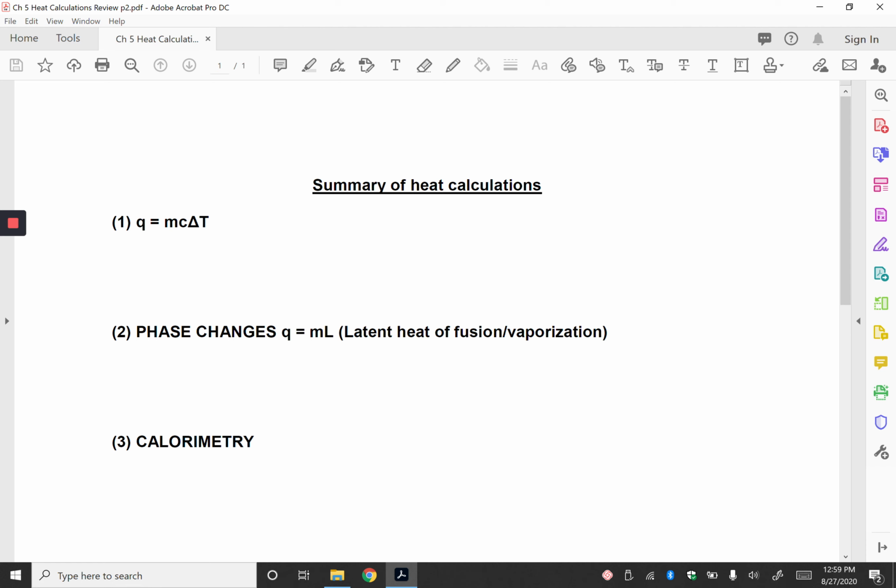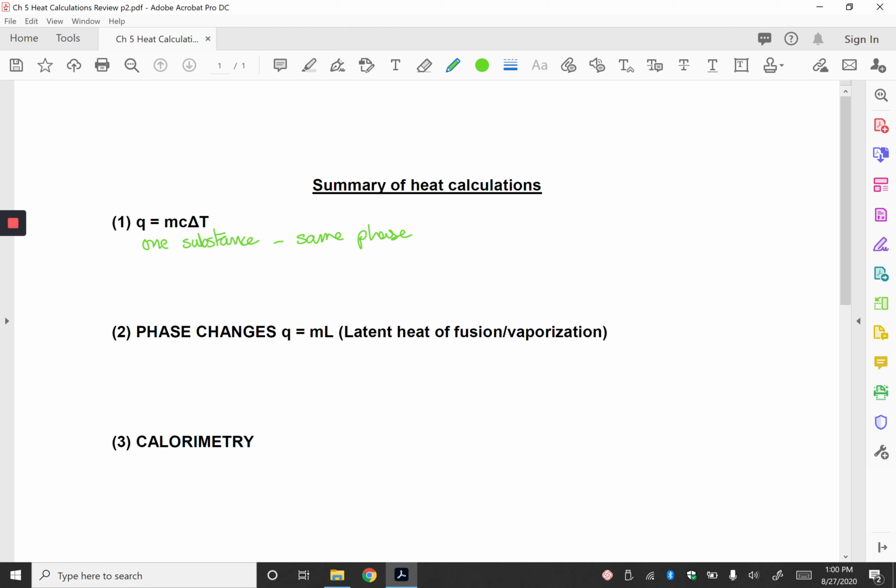The first one is using Q equals MC delta T. So when do you use Q equals MC delta T? That's when you have just one substance and that substance stays in the same phase. So if it was a liquid to start with, it ended up as a liquid. So no phase changes, basically.